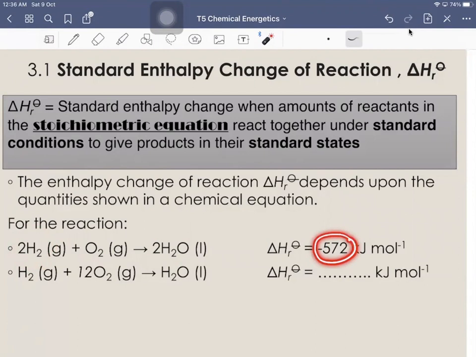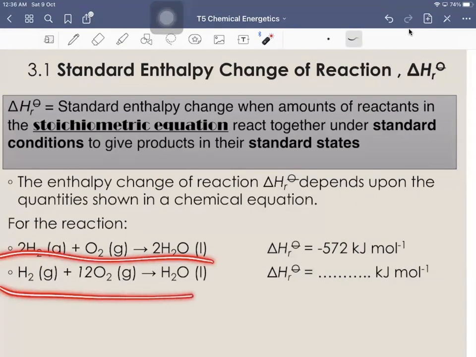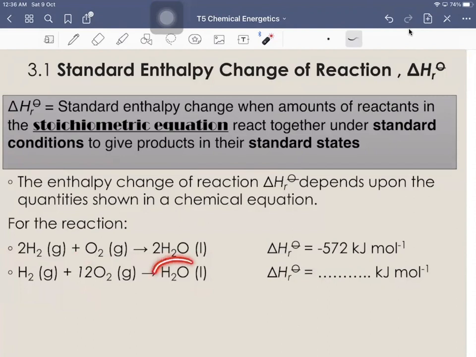Okay, then the question asks, what about if I want to form 1 mole of H2O? Okay, so I know the value for when I form 2 moles. What is the enthalpy change when I form 1 mole of H2O?